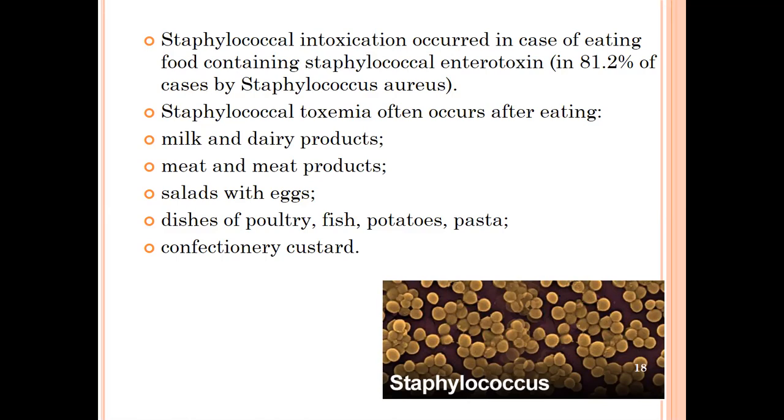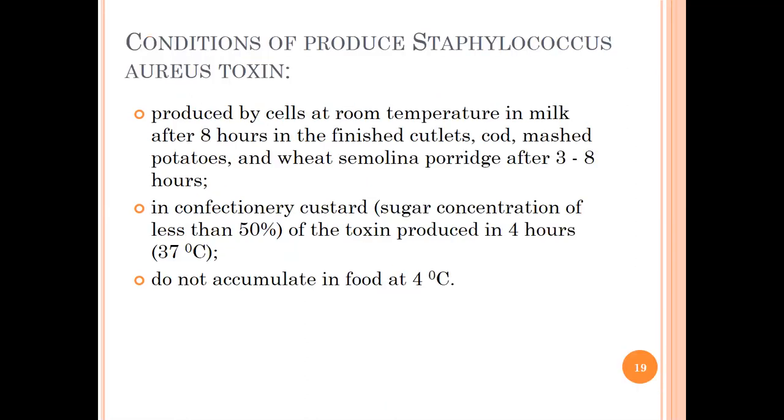And the most common food products for staphylococcal toxemia are milk and dairy products, meat and meat products, especially cutlets, for example, salads containing eggs, dishes made from poultry, fish, mashed potatoes, some types of pasta, and cakes and confectionery products. What conditions are necessary for Staphylococcus aureus to produce the exotoxin?